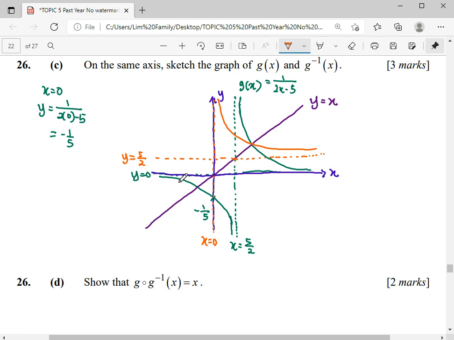And then we continue for this part. So you can see this part, the graph will going to this side. And then for this asymptote part, it will reflected to there. And then the intercept here is same, negative 1 over 5.